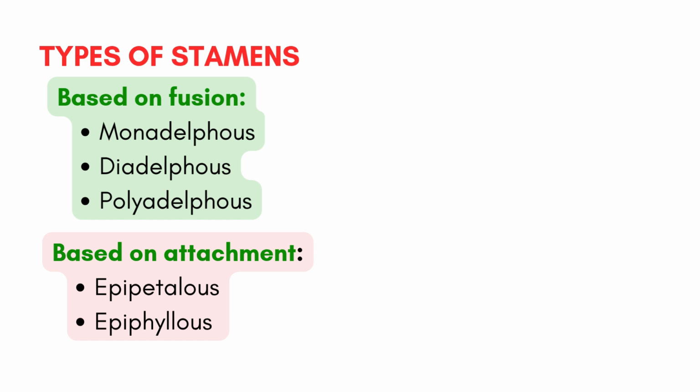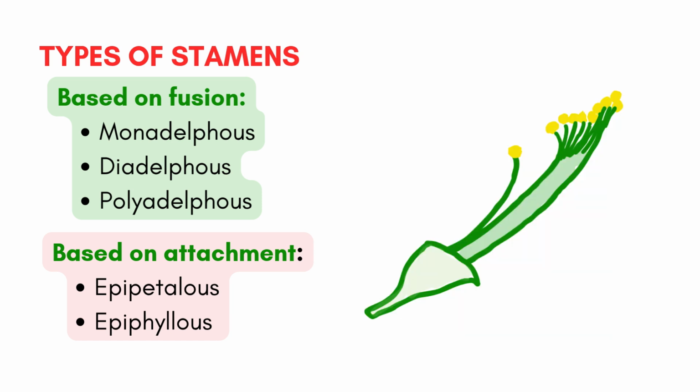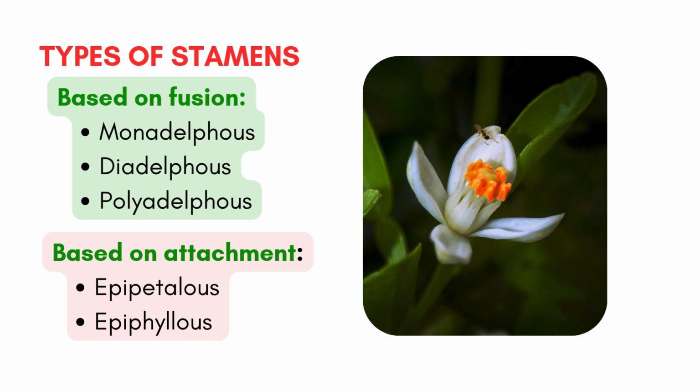Based on fusion, they can be monodelphous, meaning stamens are united into one bunch or one bundle, or diadelphous, when stamens are united into 2 bundles, or polyadelphous, when the stamens are united into more than 2 bundles.